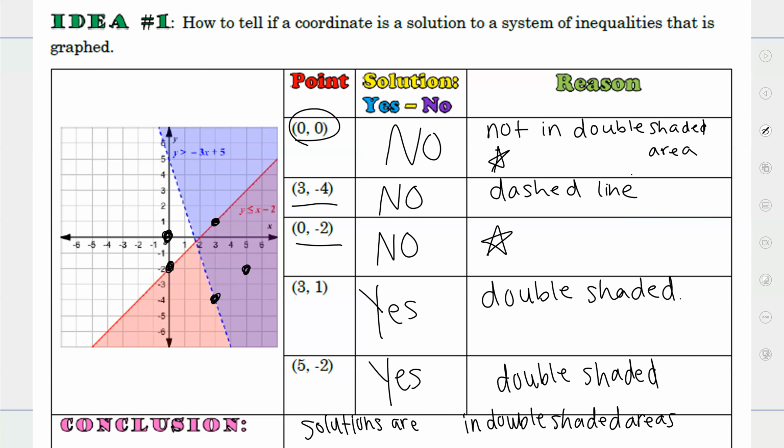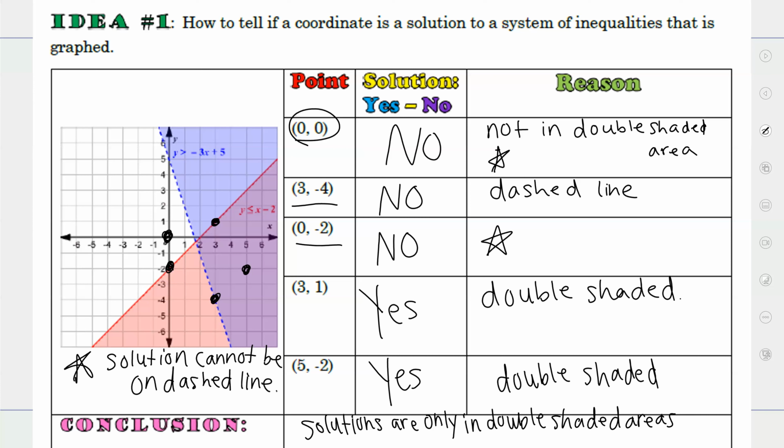Solutions are only in double shaded areas. Now, another important conclusion that I'll write over here, solutions cannot be on dashed lines. If it is on a dashed line, it is not a solution.